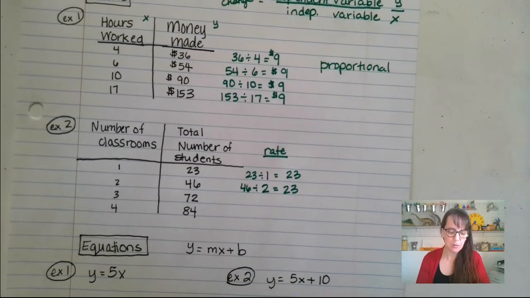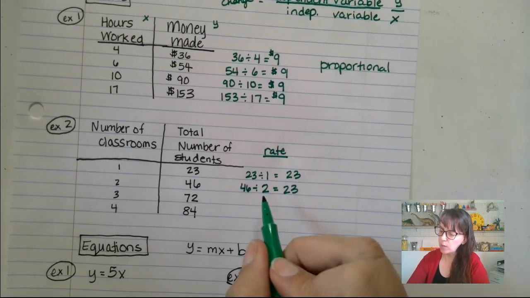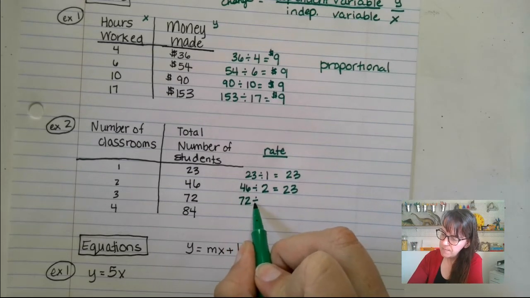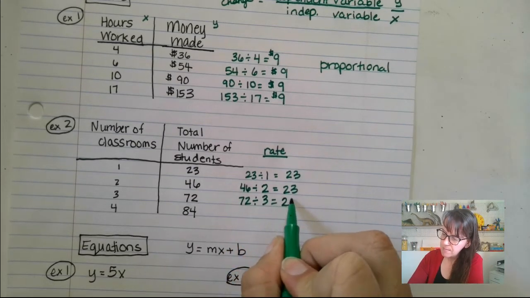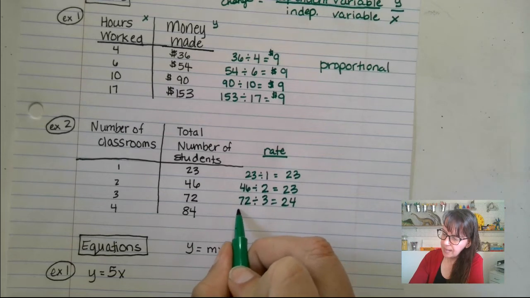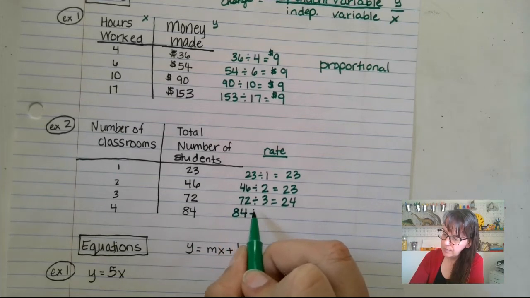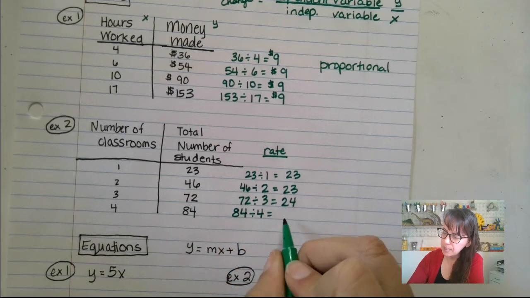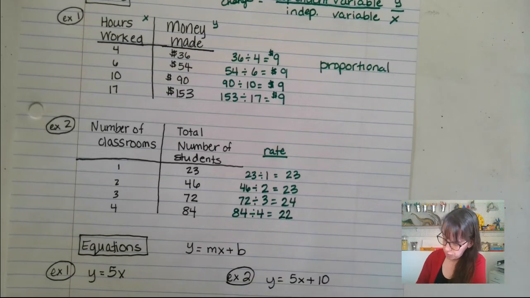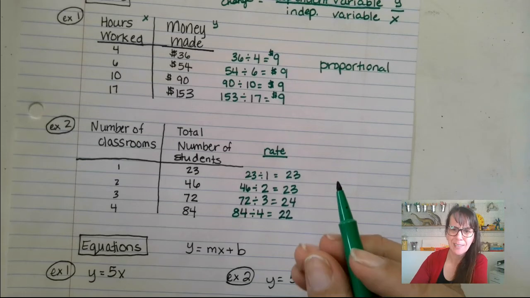If we do 72 and divide that by 3, we end up with 24. And then 84 divided by 4 gives us 22. Actually, let me just double check. Sorry about that, 21. I don't know what I'm thinking here.